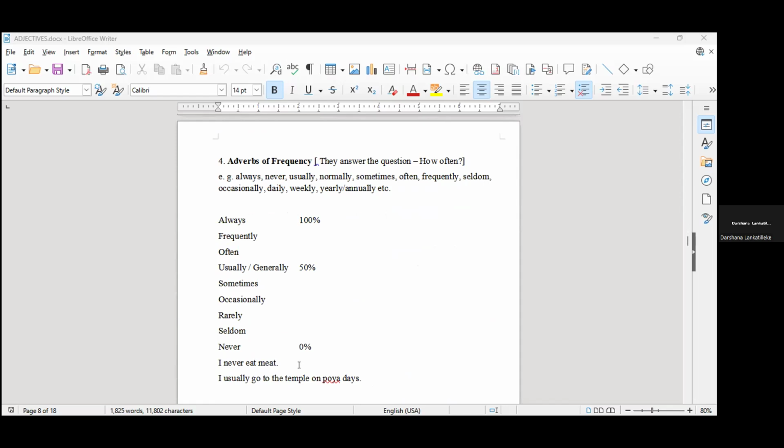Frequency means, when you learn science in school, you must have learned about frequency, especially about sound, going up and down. It's called frequency. So here also these words are used to show how often something is done. They answer the question, how often?